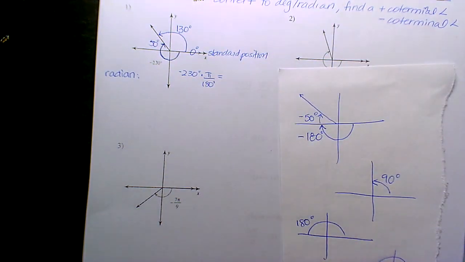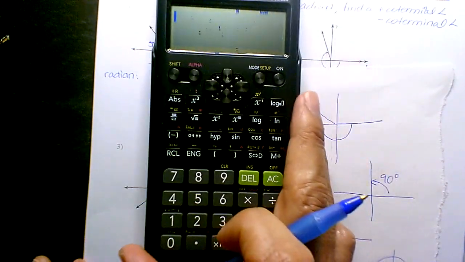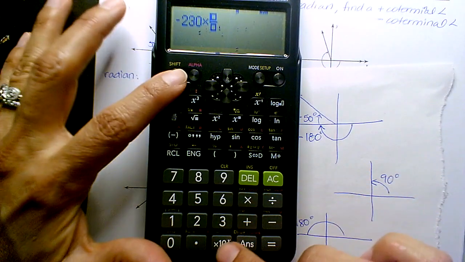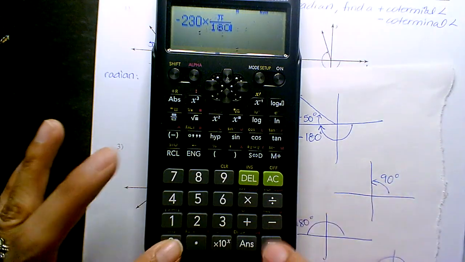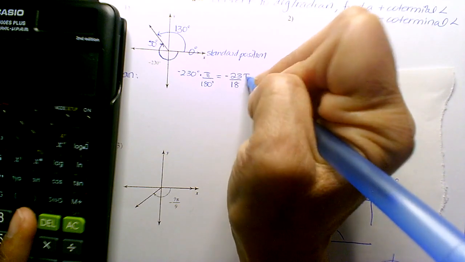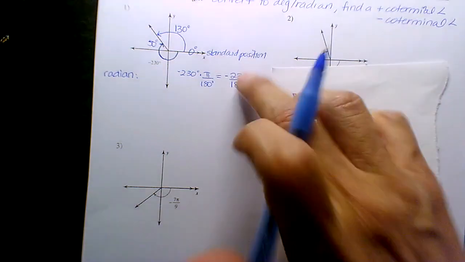So here's my calculator. You just throw it in the calculator and you will get, okay, so there's my radians.